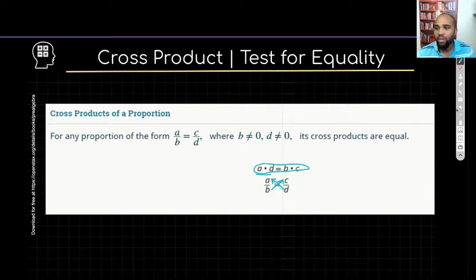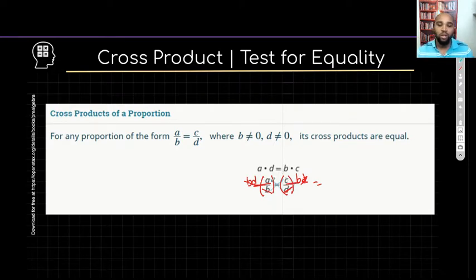Now we can look further into why this works if you're interested, which most people aren't, but I don't care for this method a whole lot sometimes because it's not mathematical thinking, it's just cross multiplying. You just start doing things and wondering, is this what I'm supposed to do? But in essence, what you're doing is you're multiplying both sides by B and D. You're multiplying this side by B and D, and you're multiplying this side by B and D. And when you do that, these B's cross out and leave you with AD up top, and these D's cross out and you're left with CB up top.